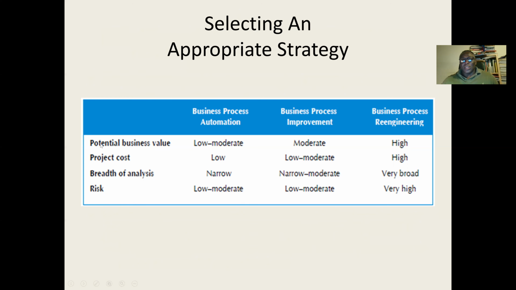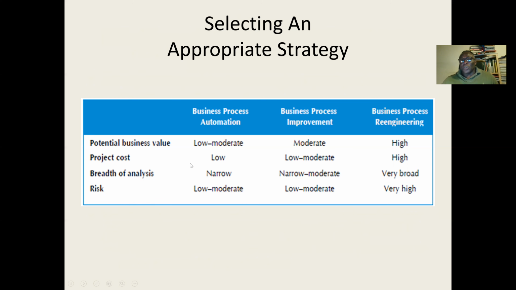So here, potential business value: business process reengineering is very high because we are creating a new system altogether. Business process automation is the least change, so it would be low to moderate.